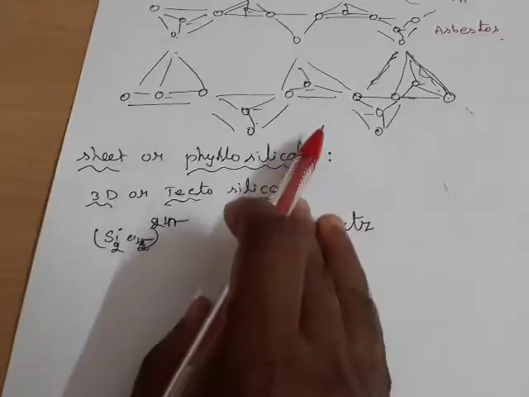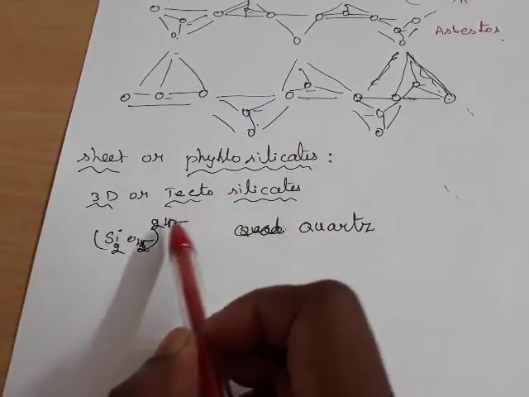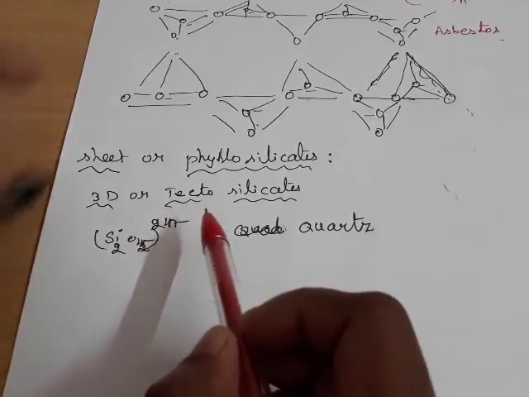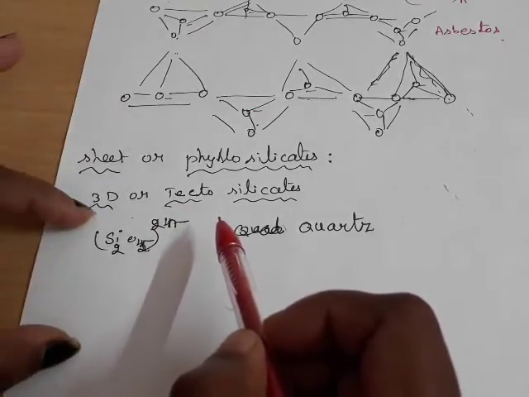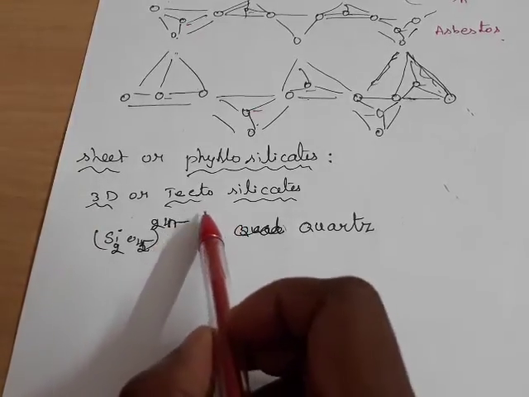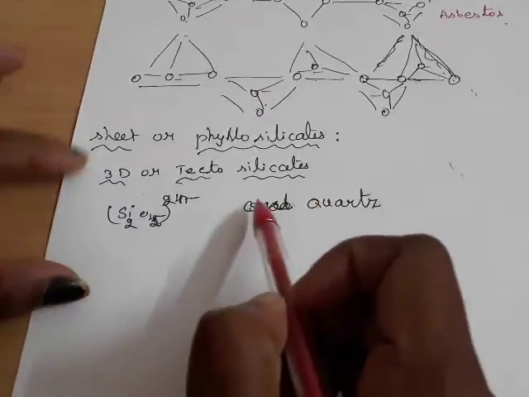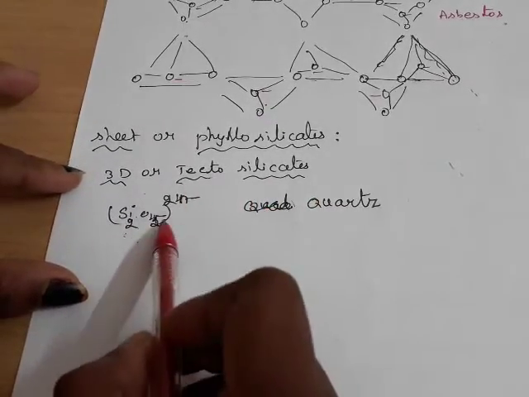Next we are going to see the sheet silicates, or phyllosilicates. It has the same structure as the double chain silicate, but it has a 3-dimensional structure. The common formula is Si2O5 to the power 2n minus.